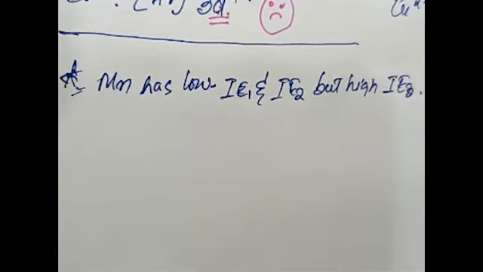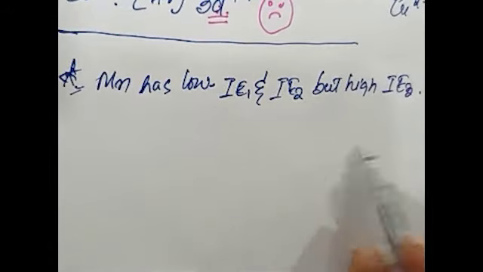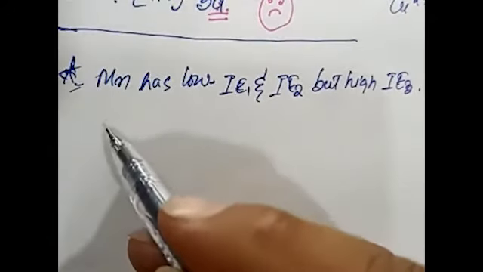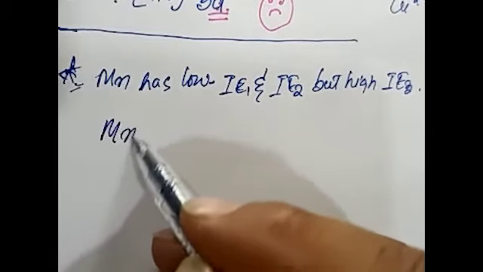So manganese has very low first and second ionization energy, but third ionization energy is very high. What is the reason behind that? Let us check. The answer is there in the configuration only.